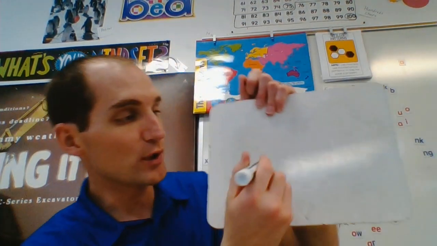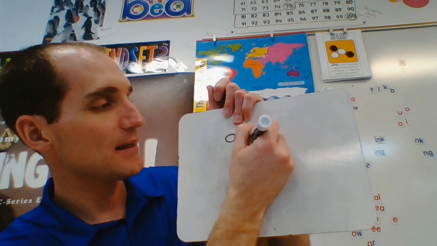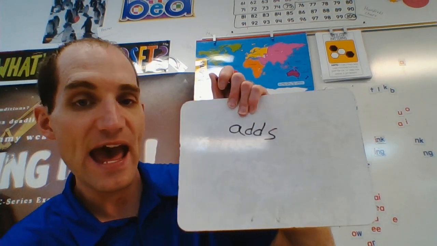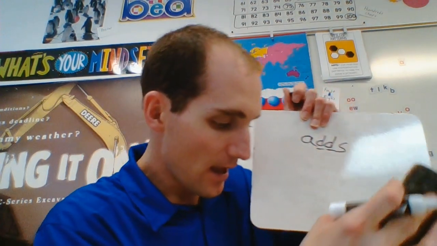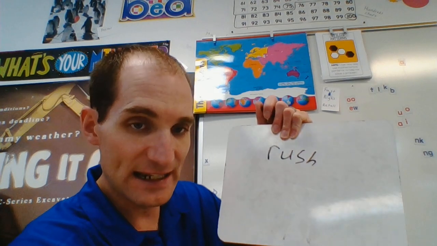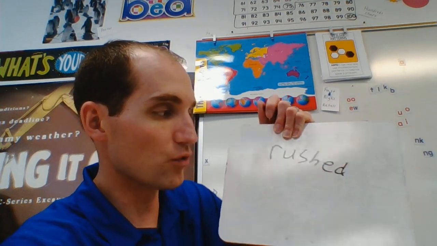One of the words from the story will be add with an S on the end. Ads. Notice how it has 2 D's. Another word from the story will be rush. And then they added ed to it. Rushed.